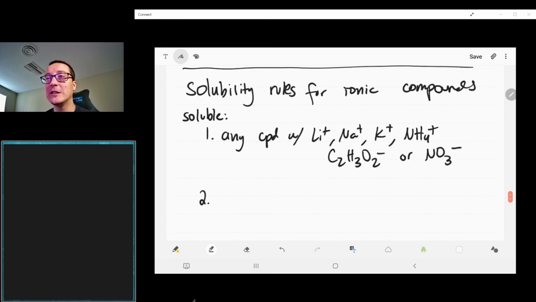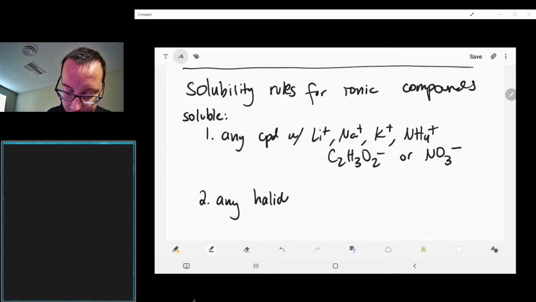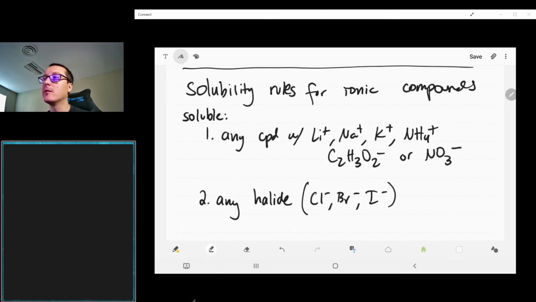If we move on to the next one, we're going to see any halide. A halide would be chloride, bromide, or iodide. Halogens, negative halogens. We omit fluoride for this because fluorides are typically not soluble.